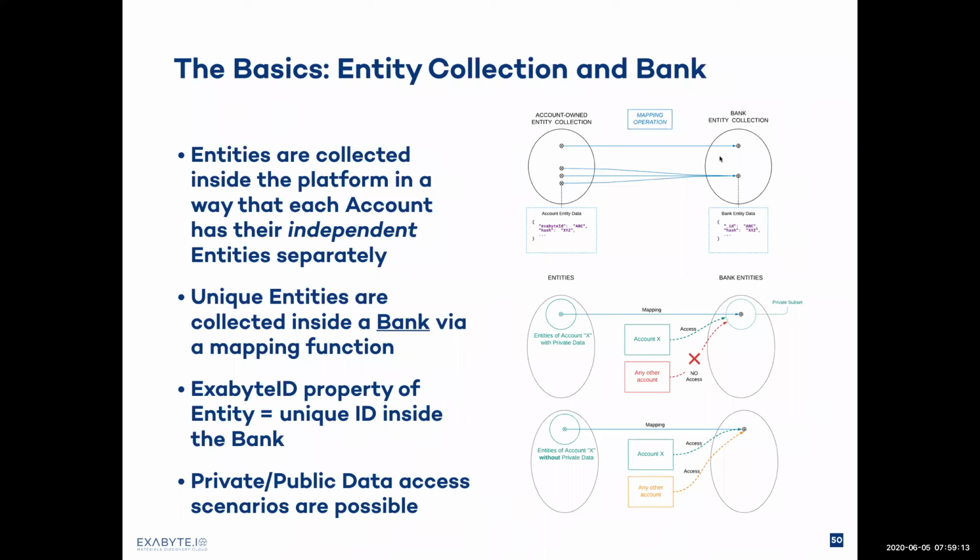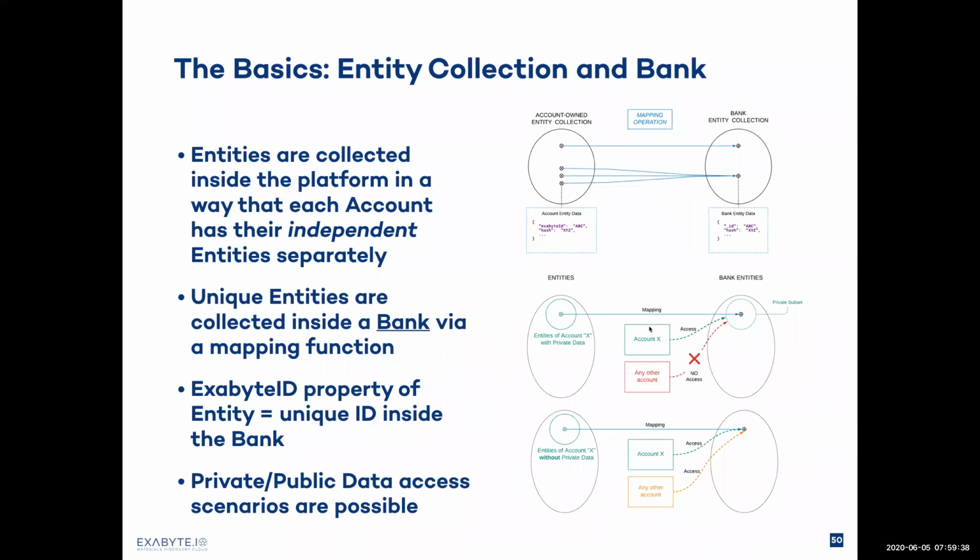And we do so by having the entity bank collection. The bank collection only contains unique entities, so for multiple versions of silicon owned by different accounts, in this case, we'll have one entry inside the materials bank. Now, there is an option to have the private data enabled for an account.